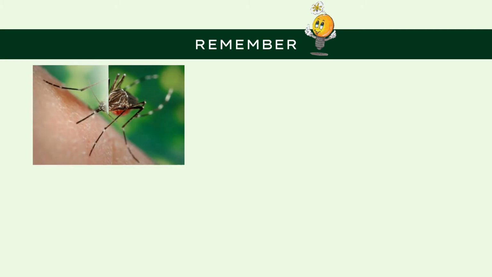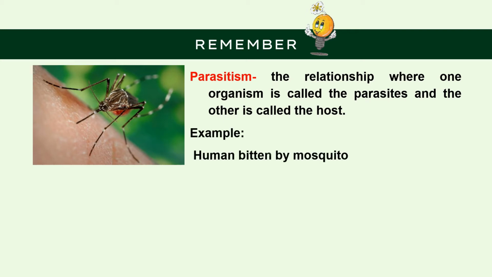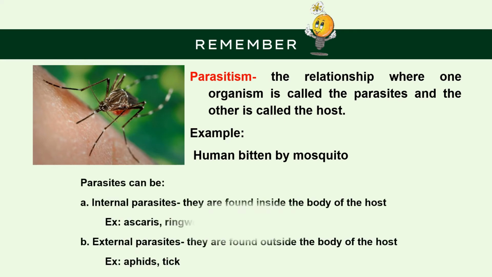The next picture is called parasitism, the relationship where one organism is called the parasites and the other is called the host. Example, human bitten by mosquito. The host here is the human, while the parasite is the mosquito.